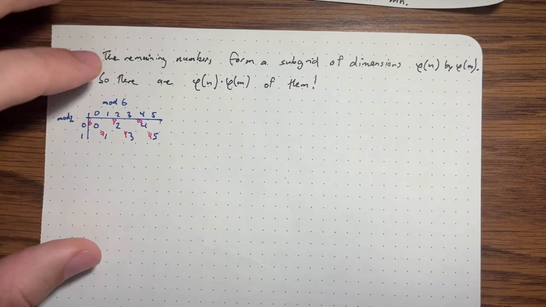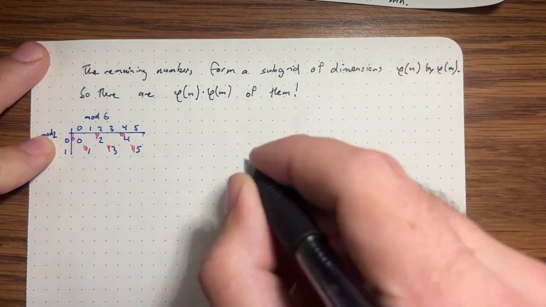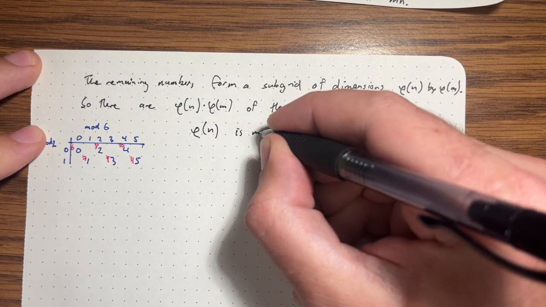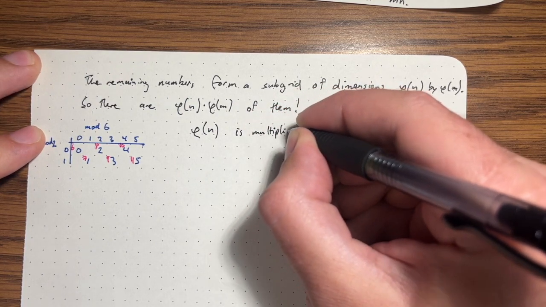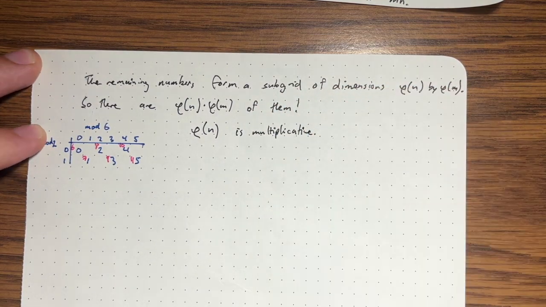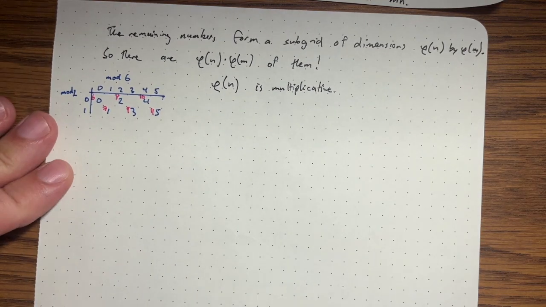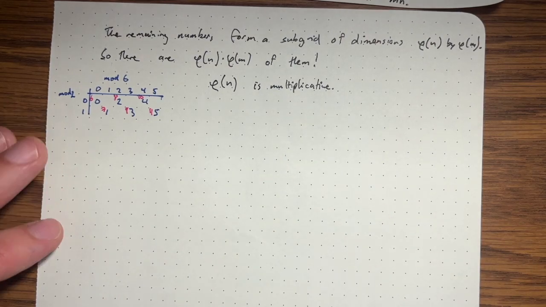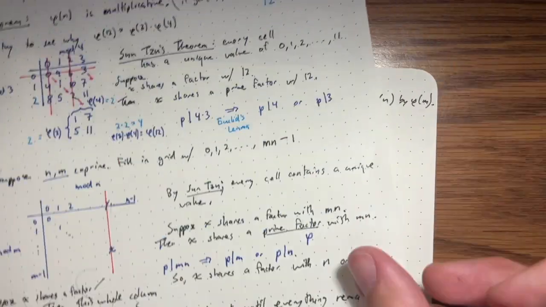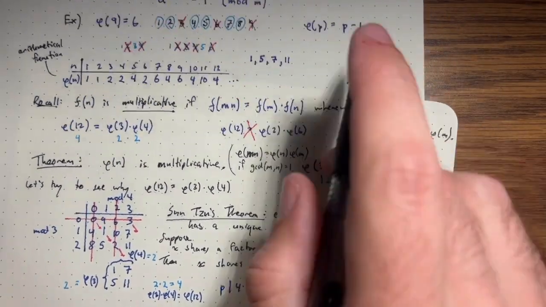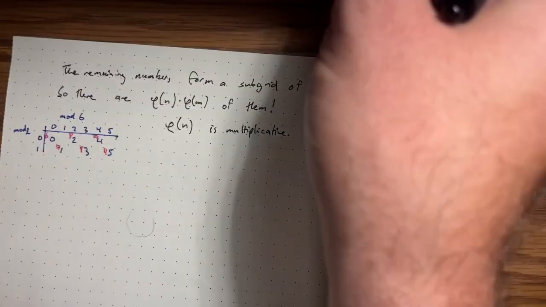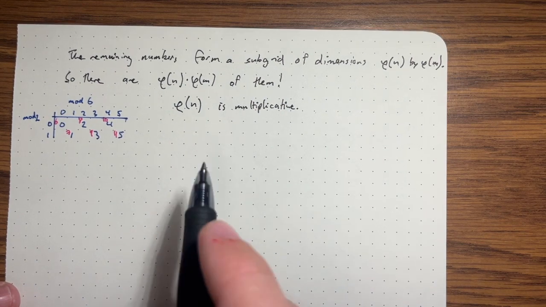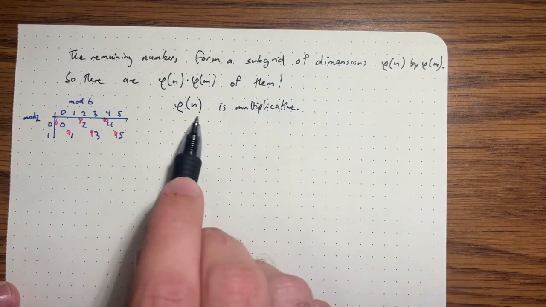Okay. What next? So phi is multiplicative. Phi of n is multiplicative. And what we're going to do now is try to write a formula for phi of n. So this is the opposite of what we did with sigma and tau. Sigma and tau, we sort of deduced the formula first, and then from the formula we saw that it's multiplicative.